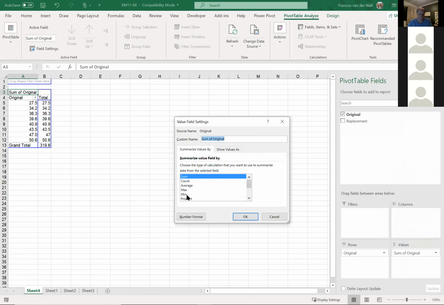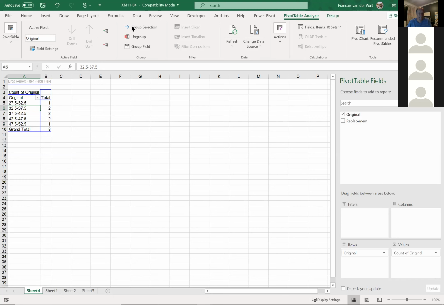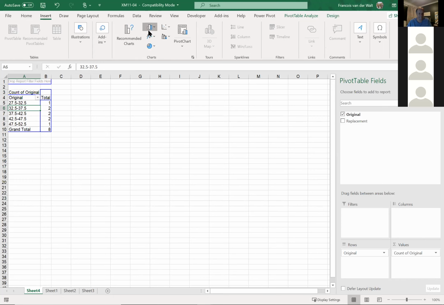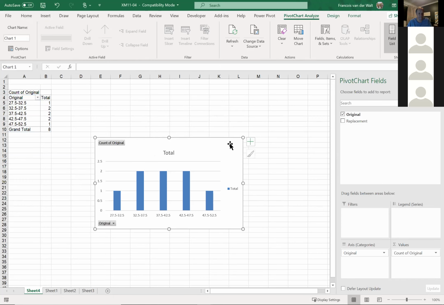I'm going to try and just get 3 groups, from 27 to there, make it 5. Insert graph. That's quite a nice, neatish, normalish one, isn't it?